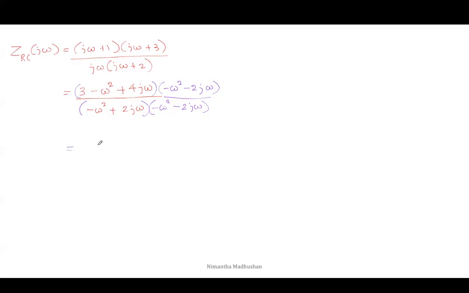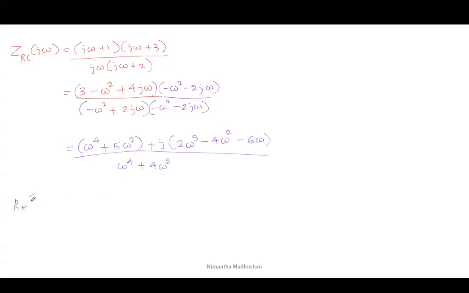After multiplying by the complex conjugate of the denominator, we can obtain omega to the power 4 plus 5 omega squared, plus j times 2 omega cubed minus 4 omega squared minus 6 omega, over omega to the power 4 plus 4 omega squared.